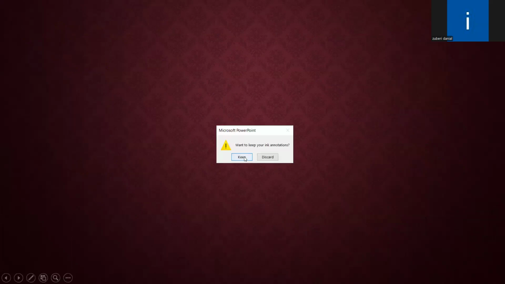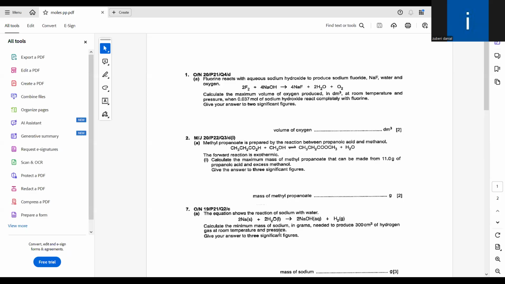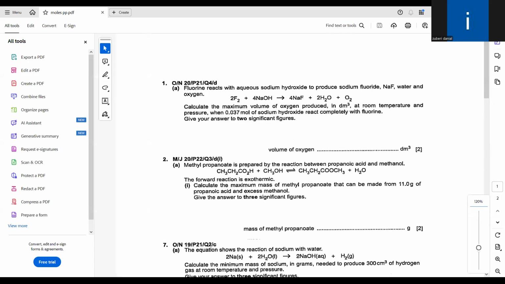Let me bring up a question. These are some questions from the past papers. Can you guys see this clearly? Yes. What I want you to do is just read it and try to solve it as per your understanding, and then I'll solve it.